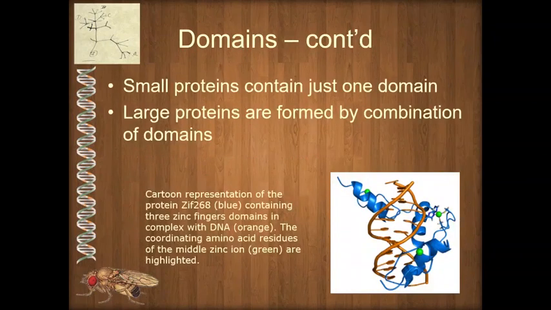Some proteins only have a single domain. They only do one thing. Those are very simple. Most proteins are much more complex than that. And so they have a combination of domains. So here is just a very small component of a transcription factor that has a DNA binding domain. So all these blue parts are just a small part of this transcription factor.